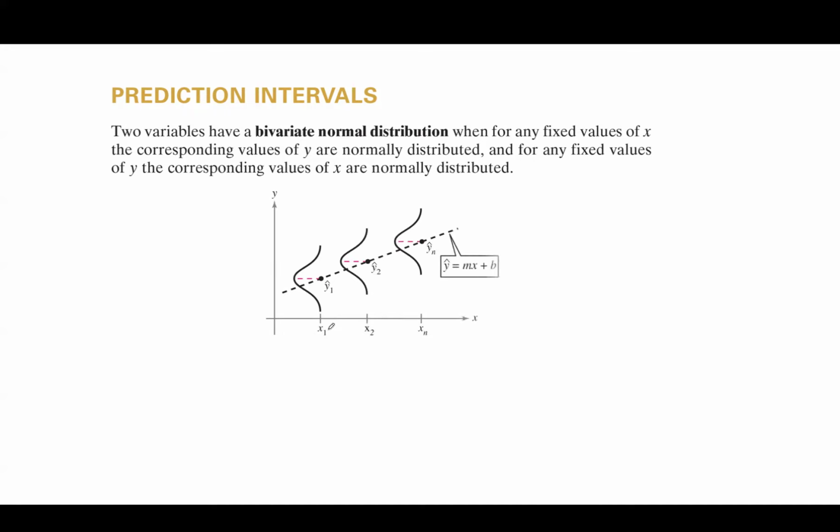So here you have x1, x2, xn, and y hat is the regression line, and these are your predicted y values. This is a bivariate normal distribution.